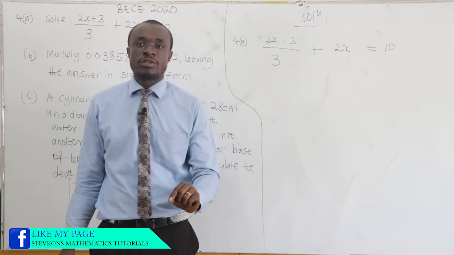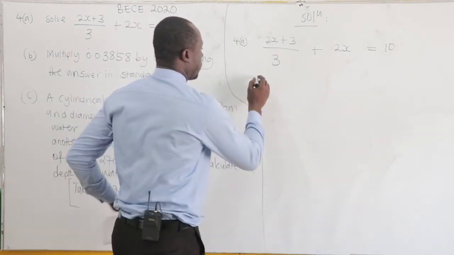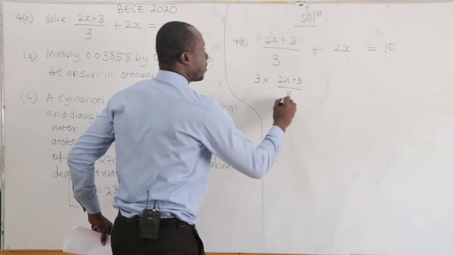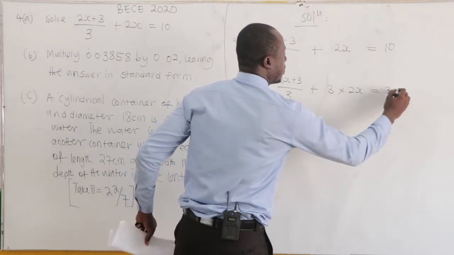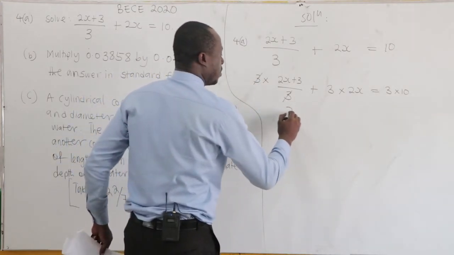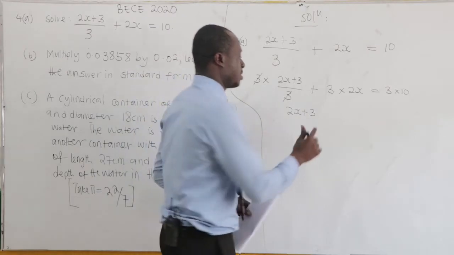So we have to multiply each term by the LCM, which is 3. So here we have 3 times 2x plus 3 all over 3, plus 3 times 2x, equal to 3 times 10. Now this is cancelling out that. So what do you have? 2x plus 3. Now 3 times 2x.